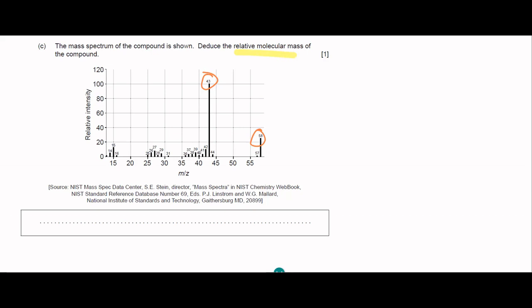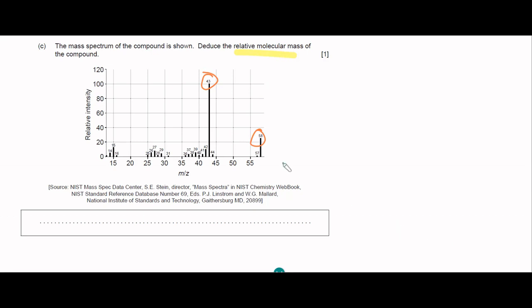When we pass the compound through a mass spectrometer, the molecule gets fragmented into smaller fragments with a positive charge. Depending upon what atoms are there in the fragment, we will get different peaks.